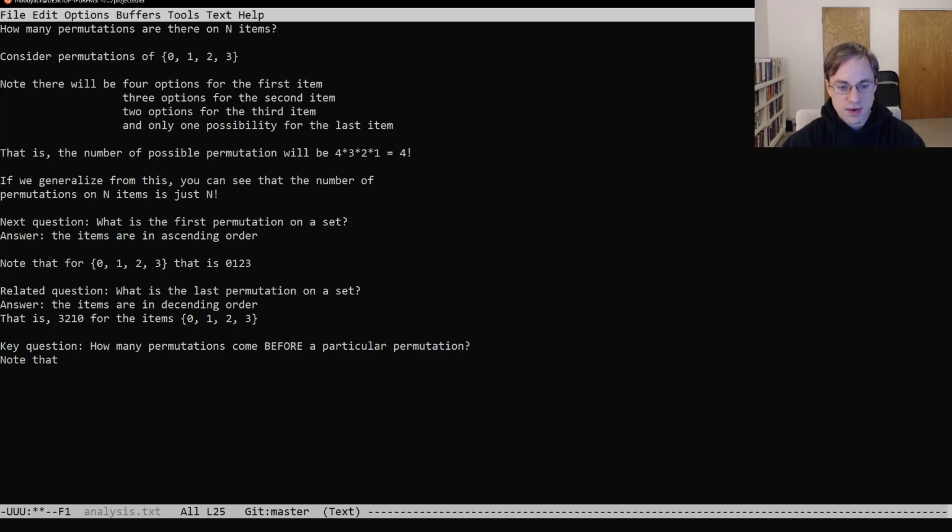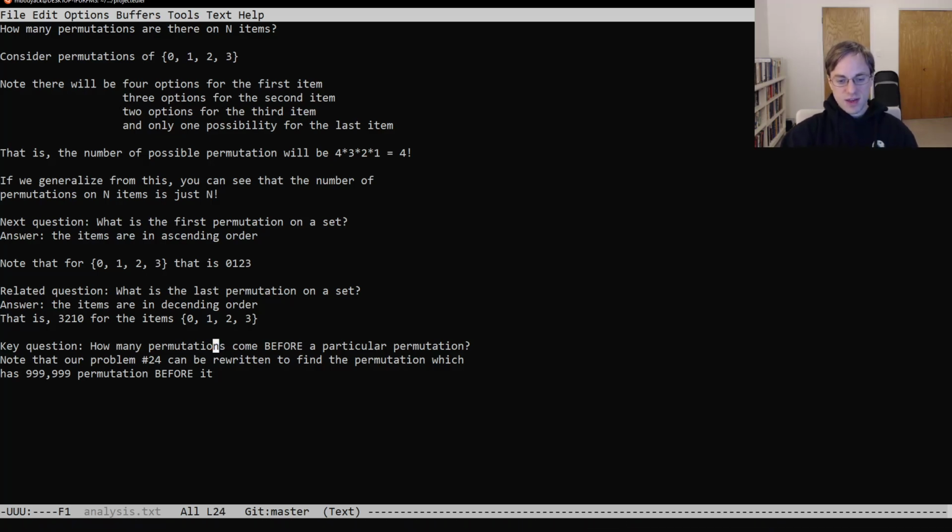Note that our problem 24 can be rewritten to find the permutation which has 999,999 permutations before it.